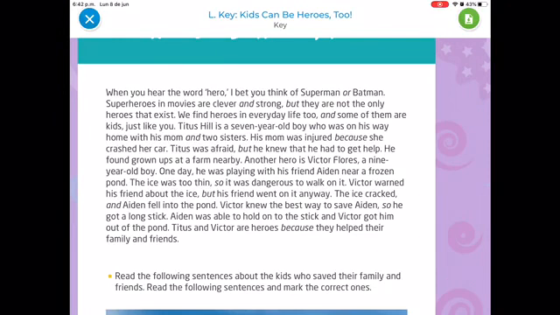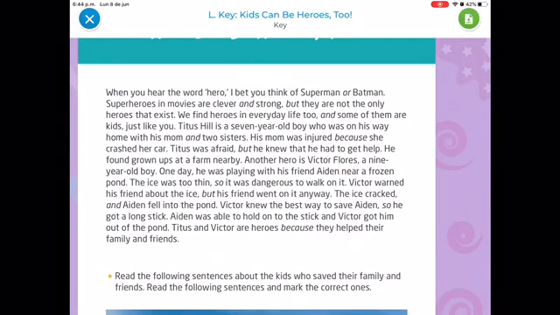Another hero is Victor Flores, a 9-year-old boy. One day, he was playing with his friend Aiden near a frozen pond. The ice was so thin, so it was dangerous to walk on it. Victor warned his friend about the ice, but his friend went on it anyway.